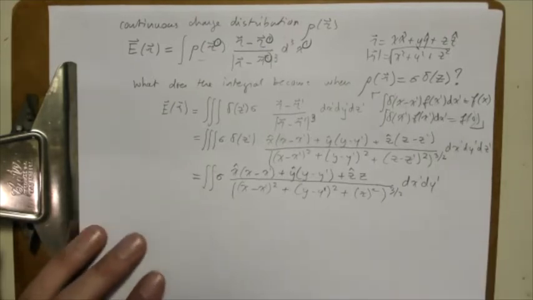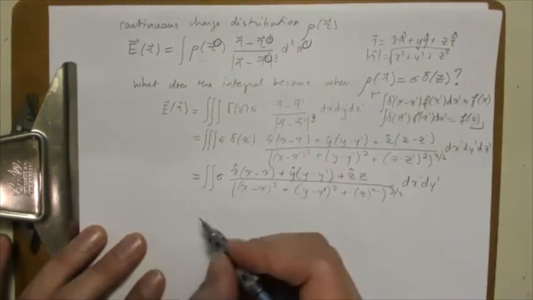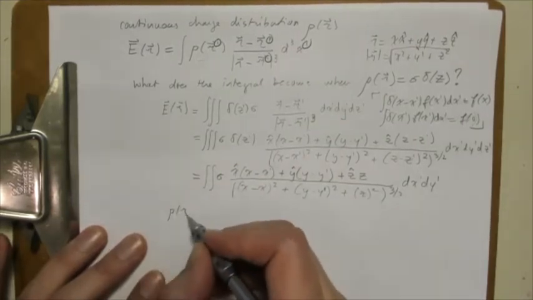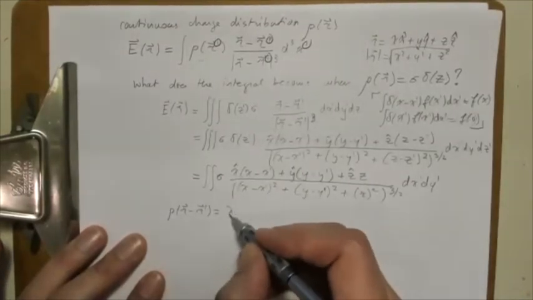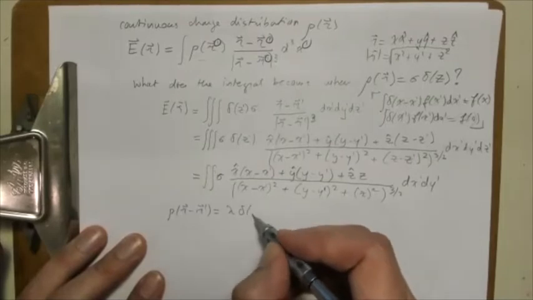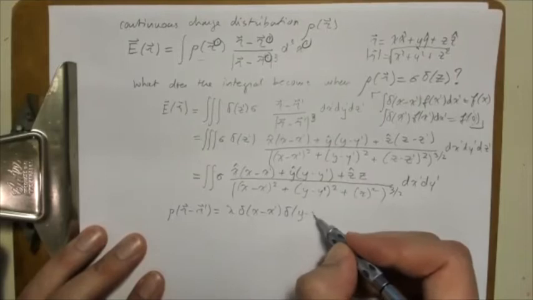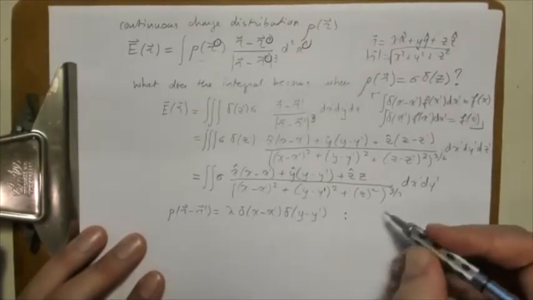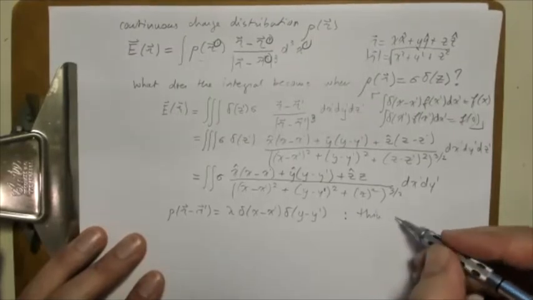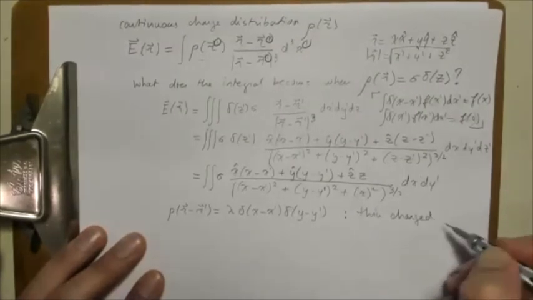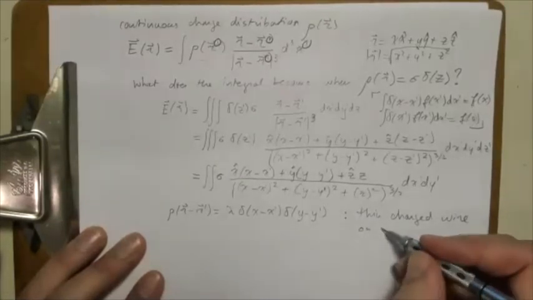Okay, so similarly, we can do linear charge density. So for instance, we can say delta of r minus r', lambda, and now we're putting this at... this is basically a thin charged wire on the z-axis.